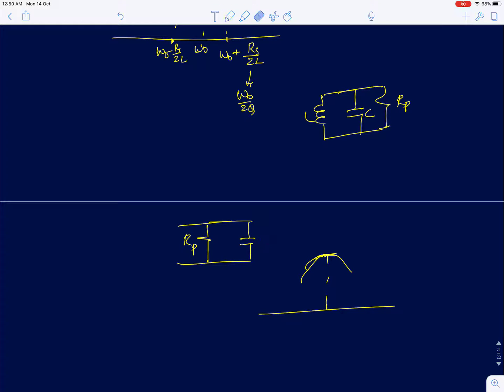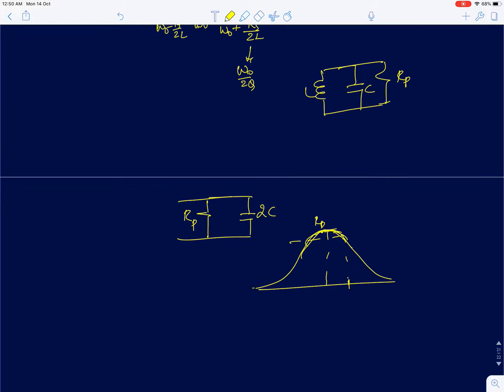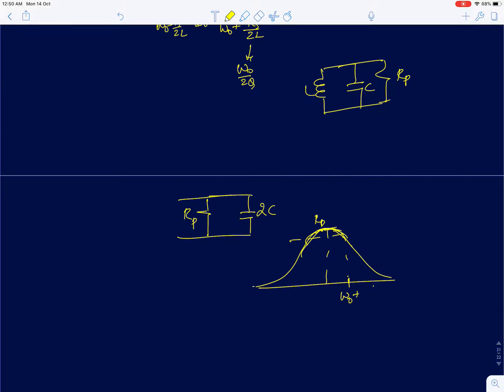Here the value is 2C. The peak value is RP. It's going to drop to RP by root 2 at omega naught plus 1 by 2 RPC, and omega naught minus as well.